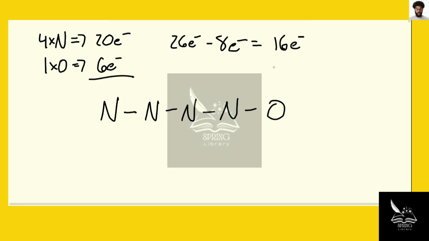Now we want to minimize formal charge. So one idea that we might start with is to give oxygen 2 lone pairs and 2 bonds, because oxygen with 2 lone pairs and 2 bonds is neutral, right? So it might be wise, if possible, to have neutral oxygen.